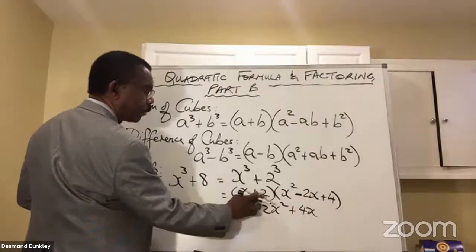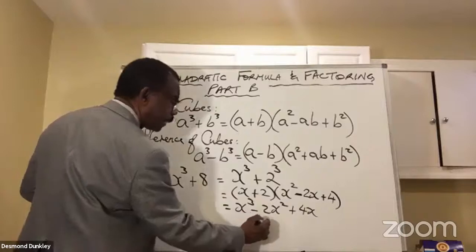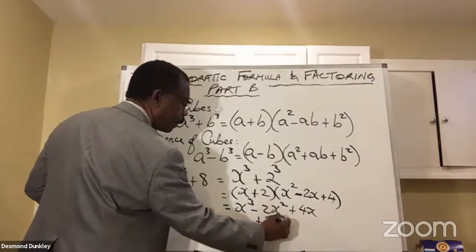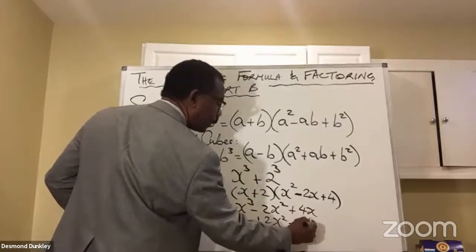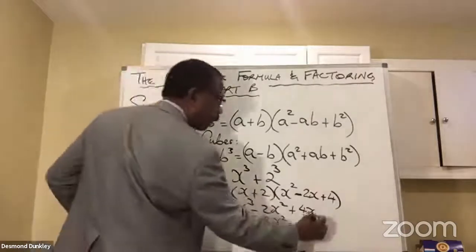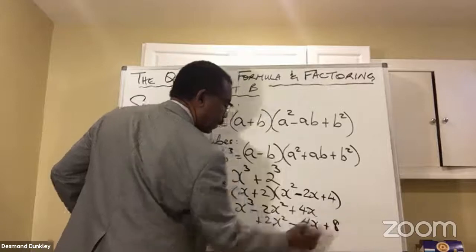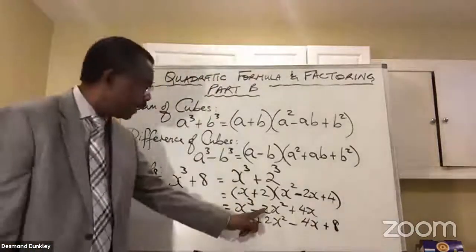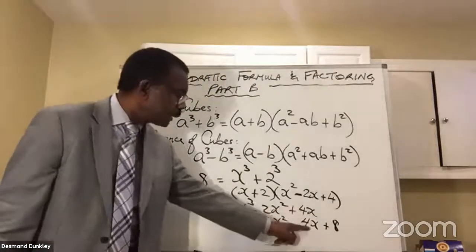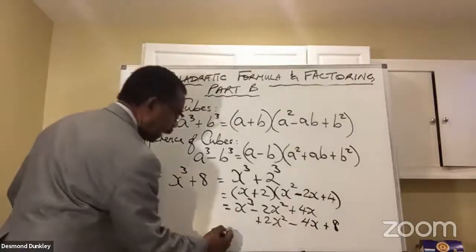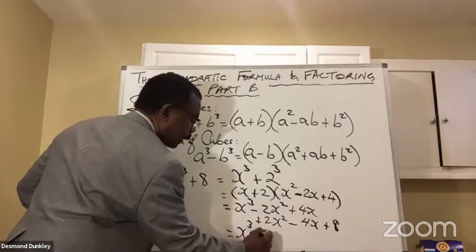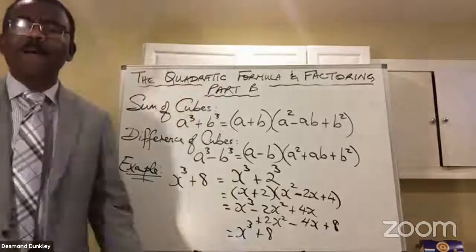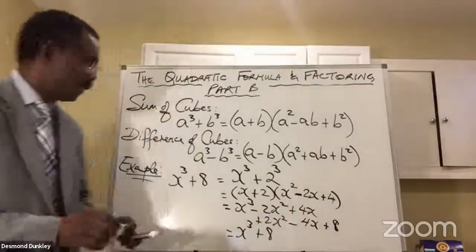Multiply by positive 2. 2 times x squared is positive 2x squared. 2 times negative 2x, negative 4x. 2 times 4, positive 8. If you look at it, the middle terms cancel. You're left with just x cubed plus 8. How beautiful is that? Let's try another one.